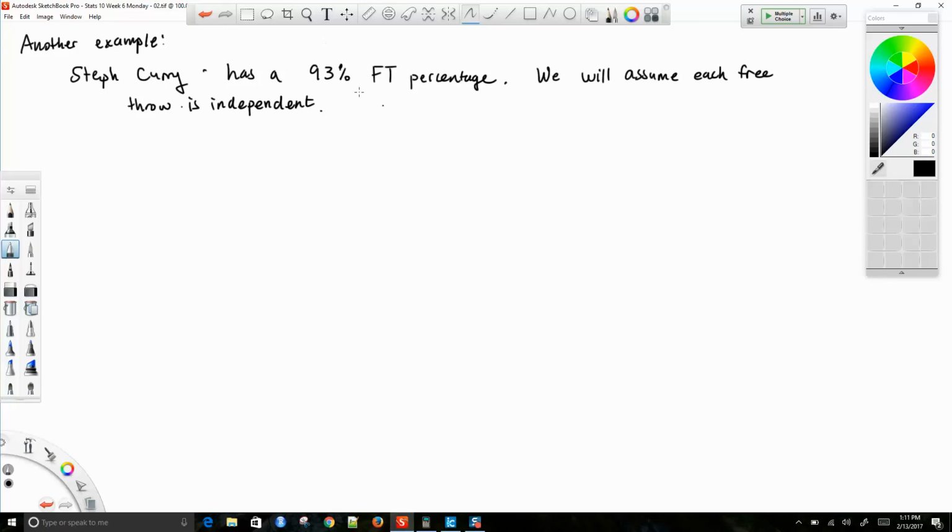And we'll say in a game, he takes, I don't know, 11 free throws. Okay, and then we could ask, what is the probability he makes at least 10 free throws?